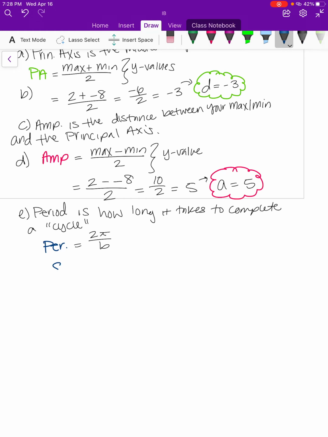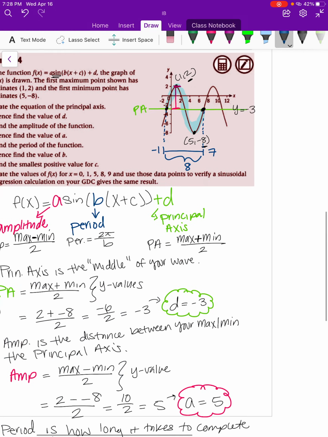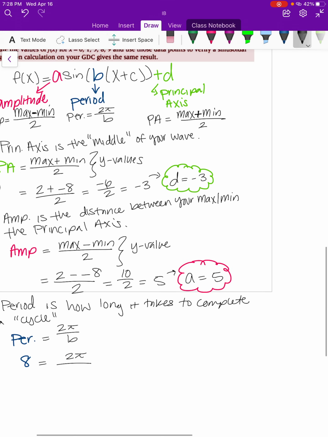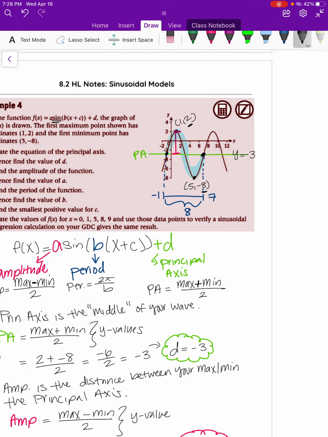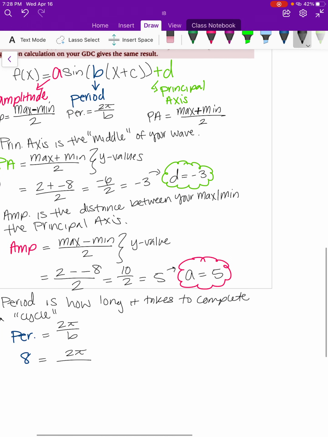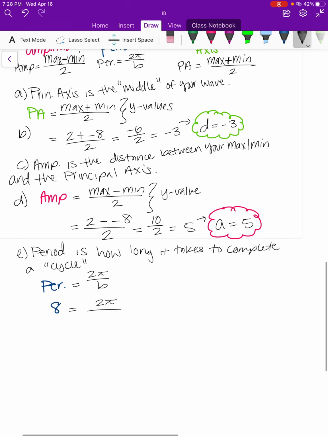The period we found was 8, it took 8 units to complete a cycle from beginning to end, and this is probably where most students mess up the most. Conceptually, it's hard for them to see where their function starts and ends, especially if it's not the parent function, so it doesn't start at 0. But hopefully you figured out where that a came from. If not, ask me during class.